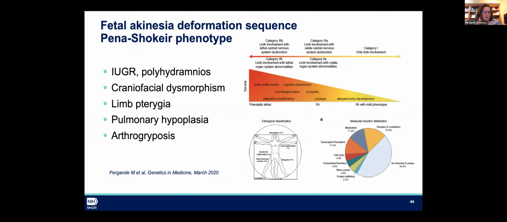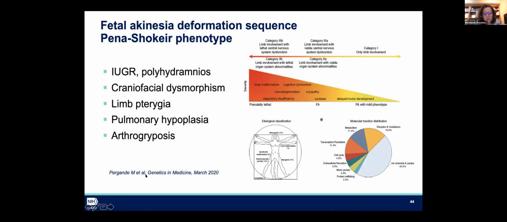So we said neuronal disorders, muscular disorders, and then neuromuscular junction disorders that are associated with fetal akinesia deformation sequence, where the kid, as I said, could have polyhydramnios, not move a lot in utero because of severe weakness, and then have craniofacial dysmorphism, pterygia, so there is extra skin connecting across joints, like in the knees or between the thighs, lethal pulmonary hypoplasia, and arthrogryposis.